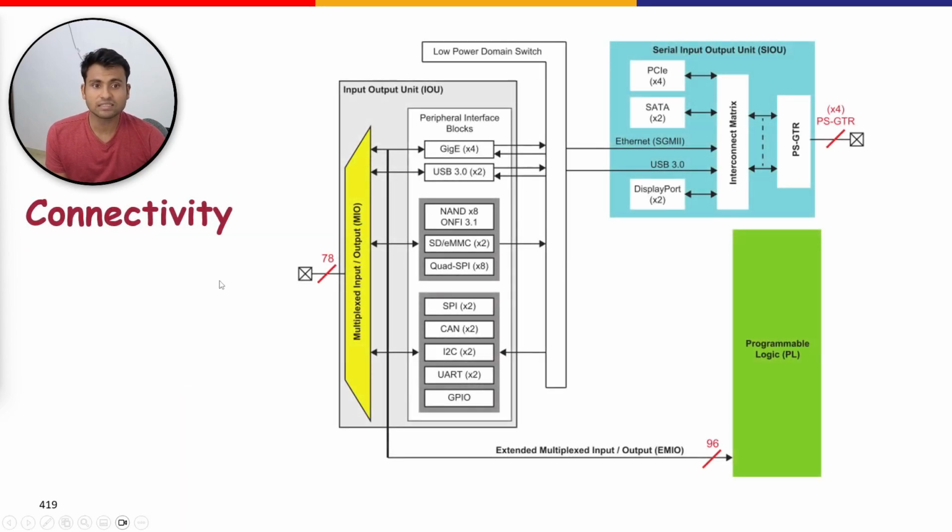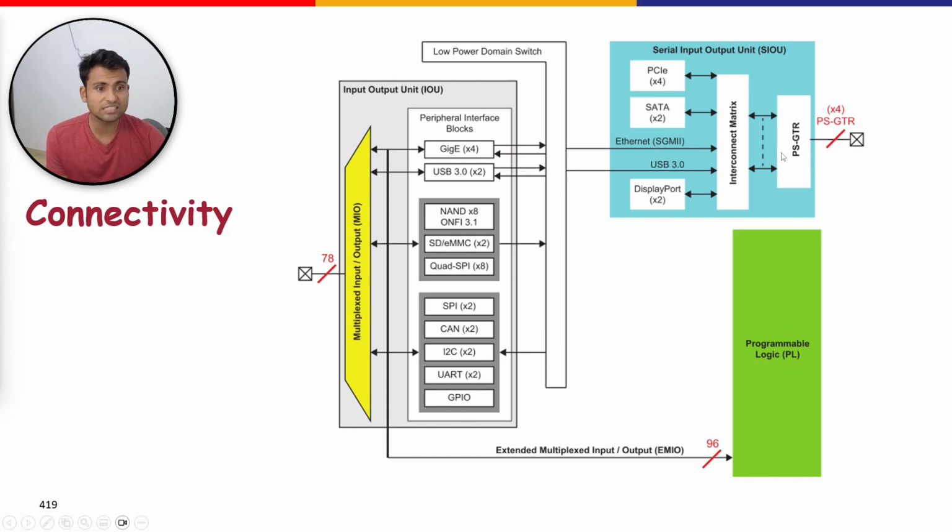Now let's discuss the serial input output unit. The SIOU contains 4 high-speed peripheral controllers that each use a single multi-gigabit transmit and receive channel pair known as the PS-GTR transceiver.